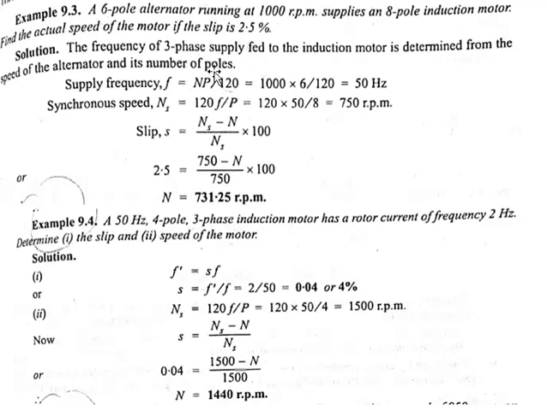So what is the formula for the slip? Slip is (Ns minus N) divided by Ns into 100. Slip is given, we have to find N. To find N, we have to find Ns. For finding Ns, we need Ns is equal to 120 f divided by p, where f is the supply frequency and p is the number of poles on the induction motor.